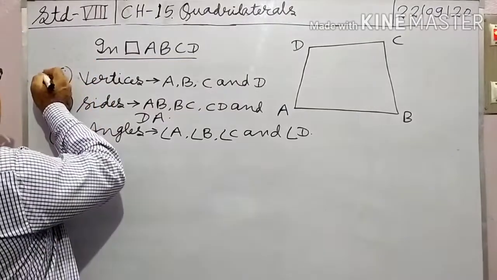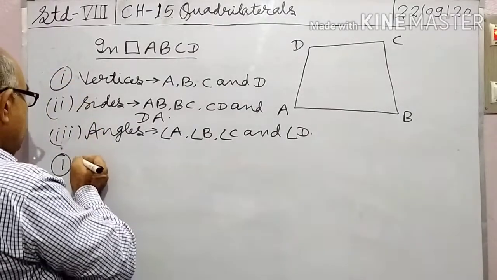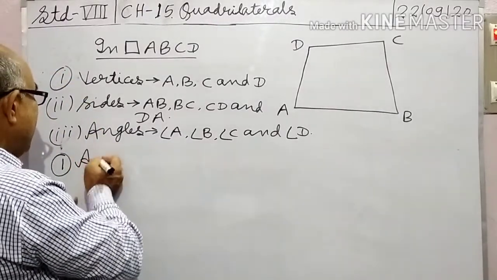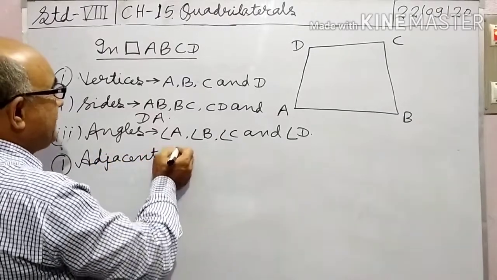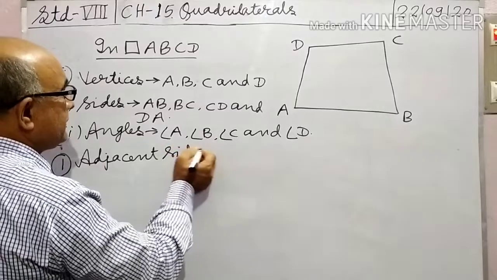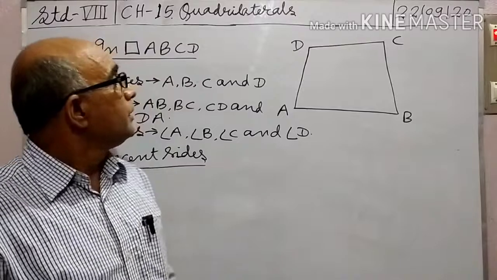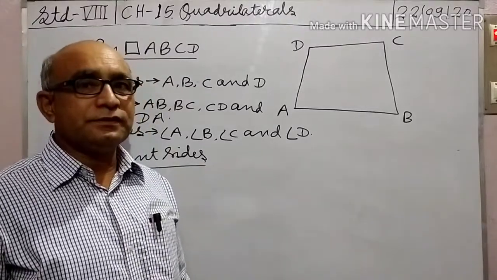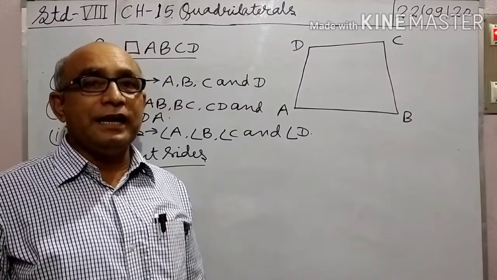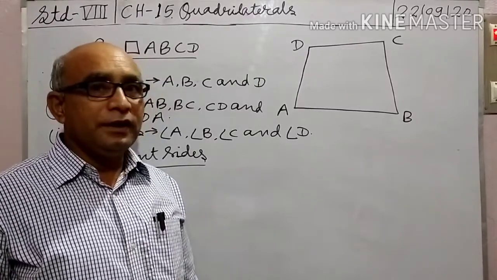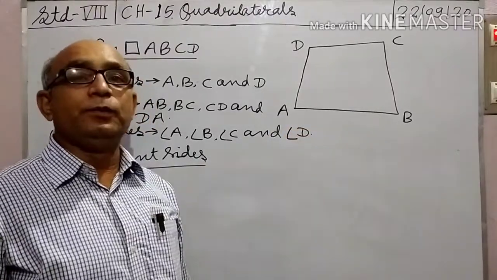Now, adjacent sides. Two sides are said to be adjacent sides of a quadrilateral if they have one common endpoint.